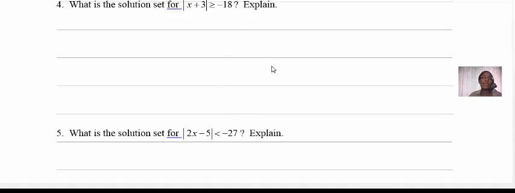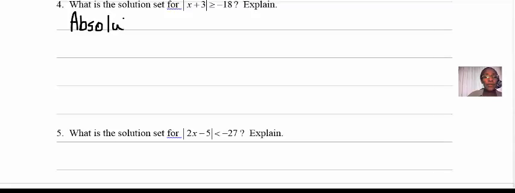When you see the absolute value isolated on one side of the inequality and a negative number on the other side, there's actually no calculations for you to do to solve this. But you need to understand that absolute value always results in either 0 or a positive number.